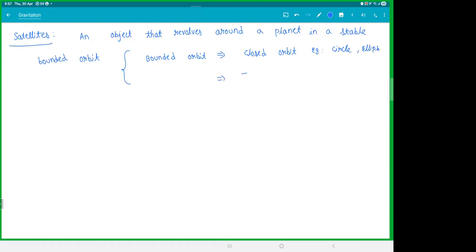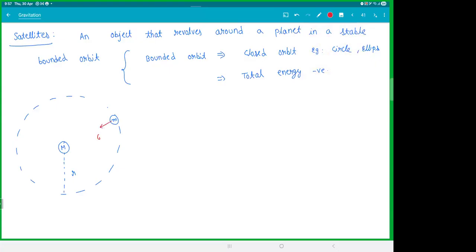The total energy must be negative. That is a big definition of a bounded system. Means you need to provide energy to separate them. The derivation is pretty straightforward. If you have a mass M, and a satellite m going in a circle, let the distance between them be small r.